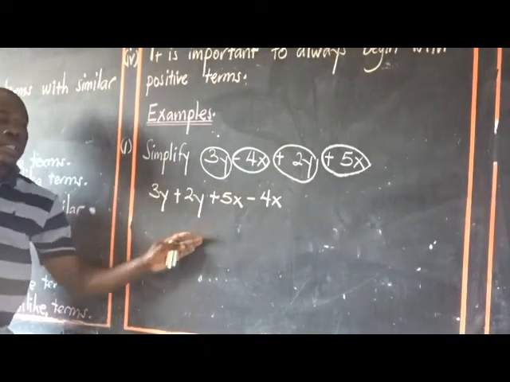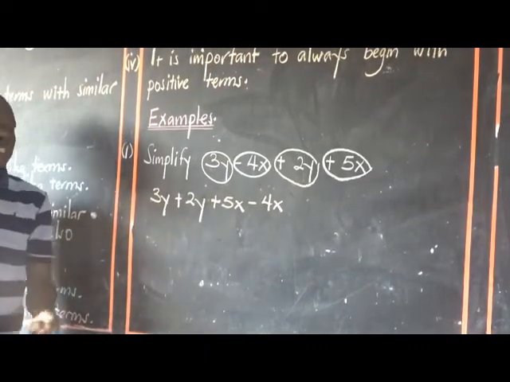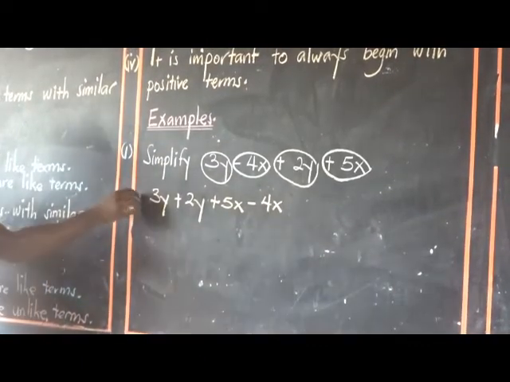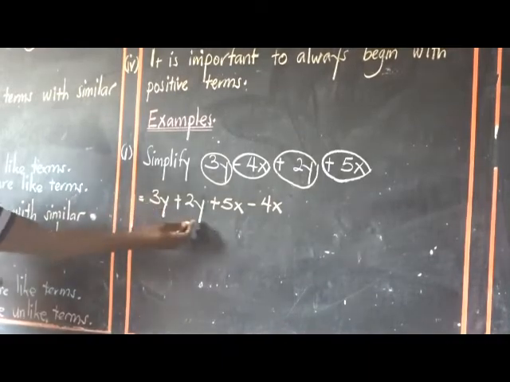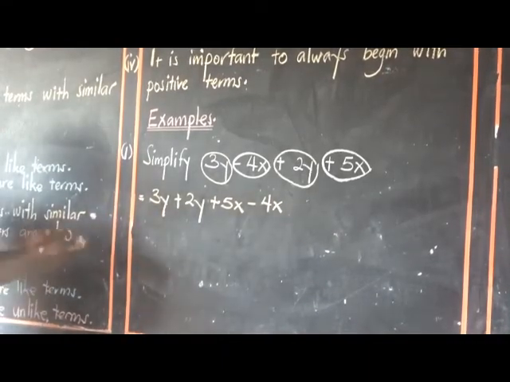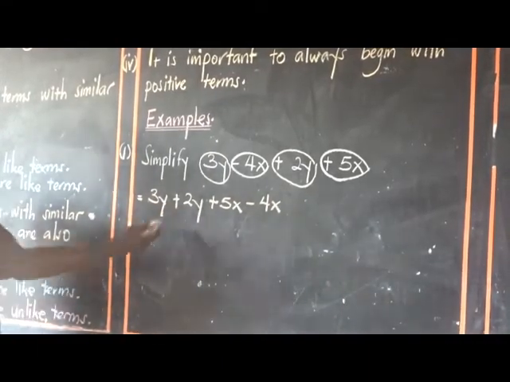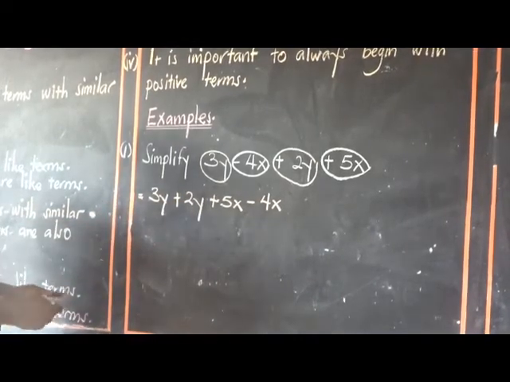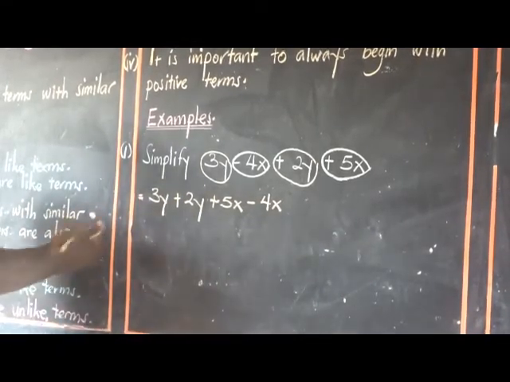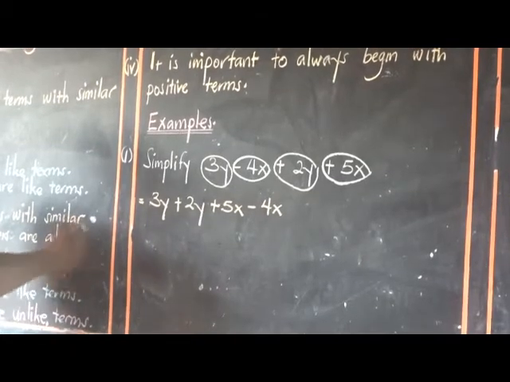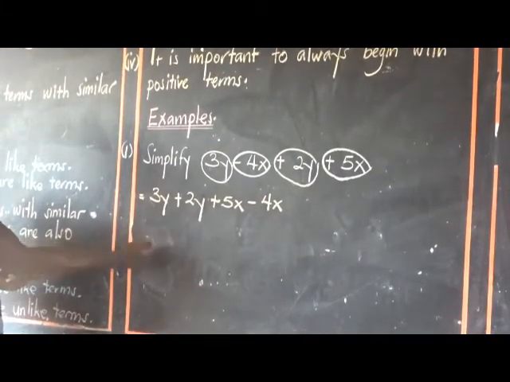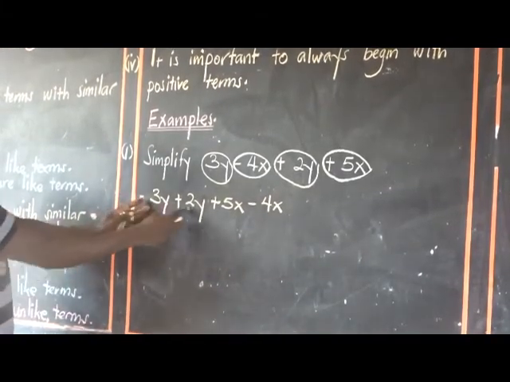So after collecting the like terms, it is important that we simplify this, whereby when we are working out this, the terms are already collected, we always work out their coefficients. When you are simplifying these terms, always simplify the coefficients. This is 3, this is 2. So simply add the coefficients.